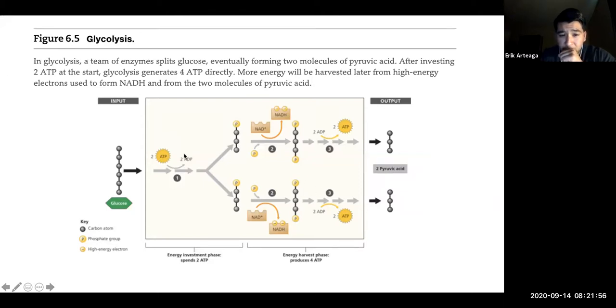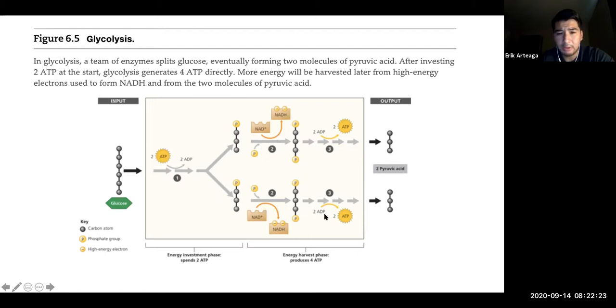Again, you need to invest energy in order to get energy from glycolysis. Also, the net gain of ATP in glycolysis is 2. Okay, so it's very little. This can function without the citric acid cycle and without the electron transport chain and without the ATP synthase. Okay, so this can happen without the big energy harvesting steps.